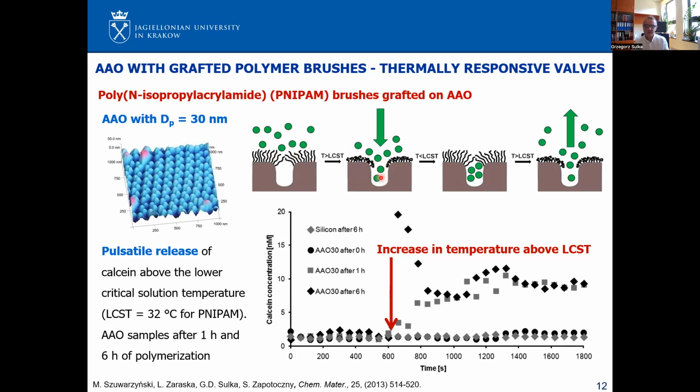We can load some compounds, for instance in that case it was calcein, and then we can lower the temperature once again below the lower critical solution temperature, and that polymer brush spreads out and closes the mouth of the pores, and then we can release them on demand from those containers.